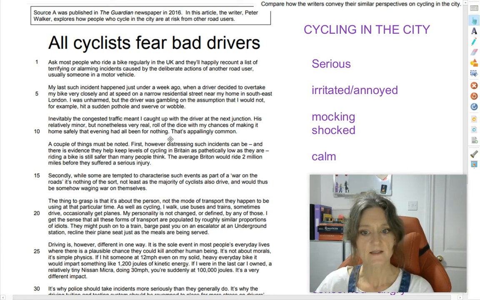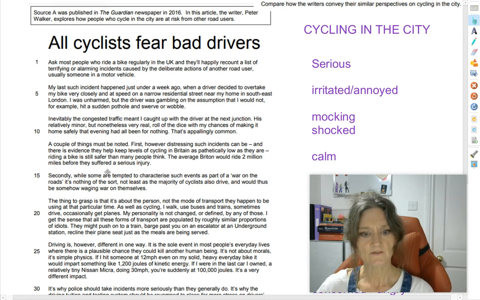But then he says he decided to dice for my chances of making it home safely, and they'd all been for nothing. "That's appallingly common." So that adverb then creates a really shocked mood. So again, the point of view of the writer is he's shocked about the way other road users treat people who are cycling in the city.